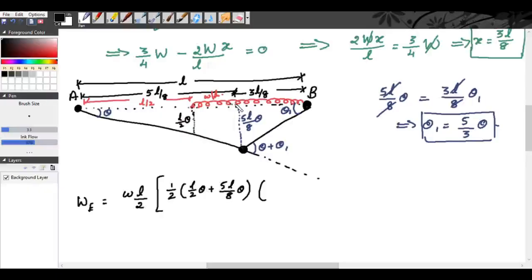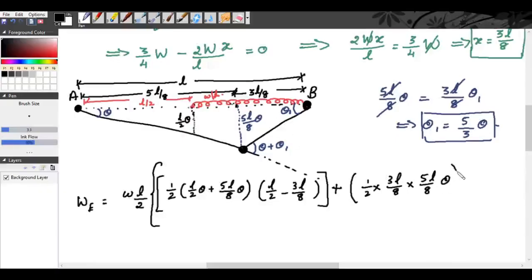It is L by 2 minus 3L by 8. Now the trapezium is over, plus the area of this triangle, that is half into the base 3L by 8 into the height 5L by 8 theta.